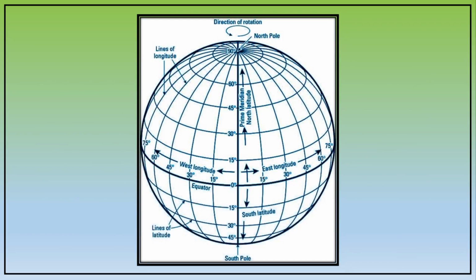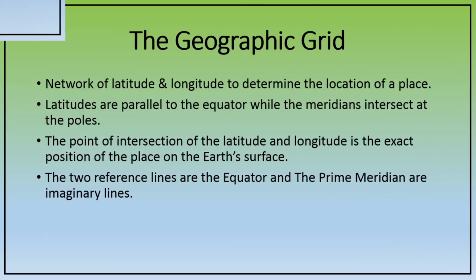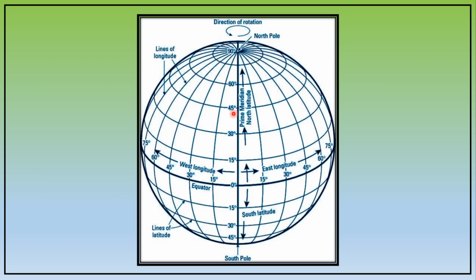Just now I have been talking about this to you. Since all these latitudes and longitudes are intersecting, each intersecting point is a point where we can locate a place. The two reference lines, the equator and the prime meridian, are imaginary lines. We all know this, that we do not have these kinds of lines on the earth.